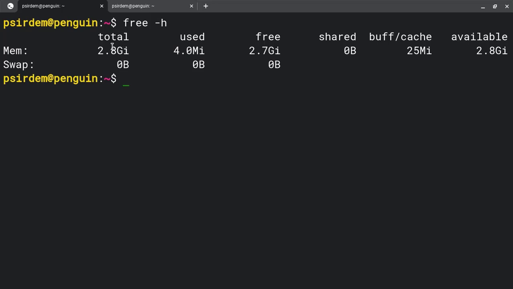Which means that the 2 cores, or the 5 compute cores in general, would have to share these 2.8 gig of memory amongst themselves. So should I decide to run any parallel program or parallel application, they will be sharing this 2.8 gigabytes of memory. So basically that's for this system.